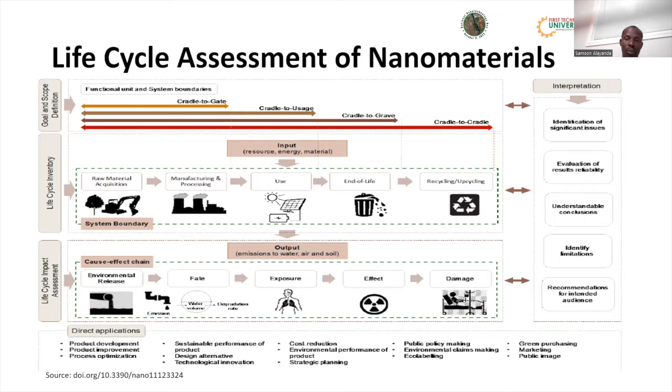So it's a holistic approach beyond the inventor's or the researcher's idea, to look at all the phases of the product, both the negative and the positive impact, what things to do to mitigate, and what things to do to ensure minimal exposure of humans to risk and minimal exposure of the environment to negative hazard. That is why nanomaterials are subjected to life cycle assessment before they are transformed into products.